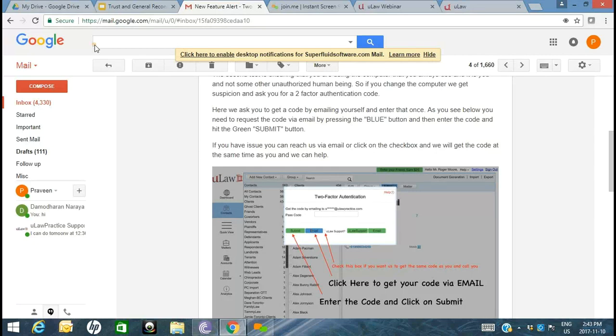So all you have to do is, once you see this box, be rest assured we will automatically send you an email with a code, a 4-digit code that you wait for, enter it. If by some means you've not received that email, just click on the uLaw support and click the blue button email. We would get the particular code ourselves, and then we'll call you and give you that code.